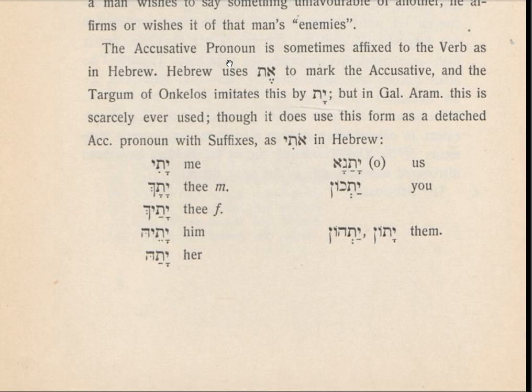The accusative pronoun is sometimes affixed to the verb, as in Hebrew. Hebrew uses et to mark the accusative, and the Targum of Onkelos imitates this by yat. But in Galilean Aramaic, this is scarcely ever used, though it does use this form as a detached accusative pronoun with suffixes, as in the Hebrew oti.